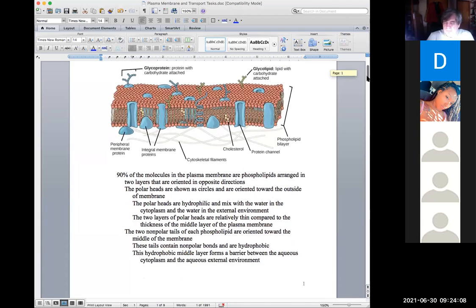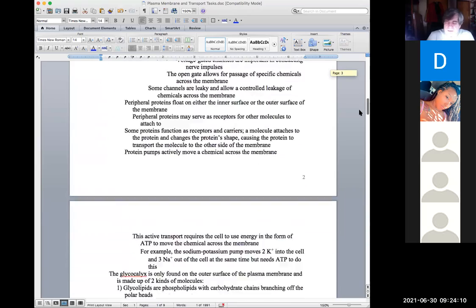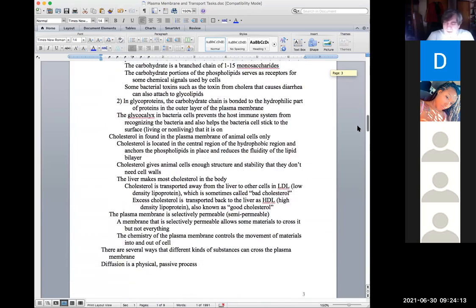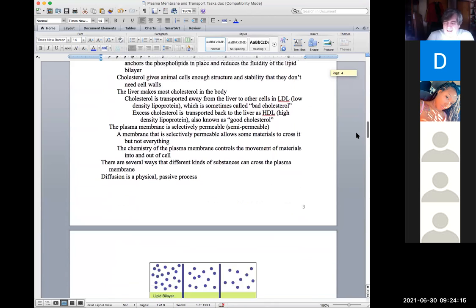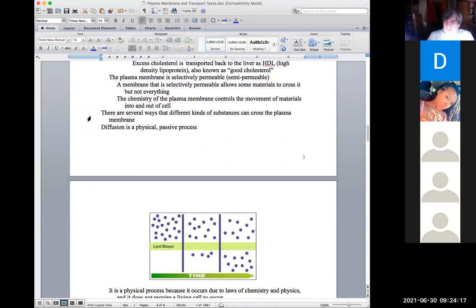What does it matter? So when we think about the plasma membrane, we want to think about this chemistry in terms of looking at how things get in and out of the cell. And the first thing we want to talk about is a process called diffusion. And diffusion is a physical, passive process. Now, when we say that a way that things move across the plasma membrane is a physical process, we mean that it happens just because of the laws of chemistry and physics.